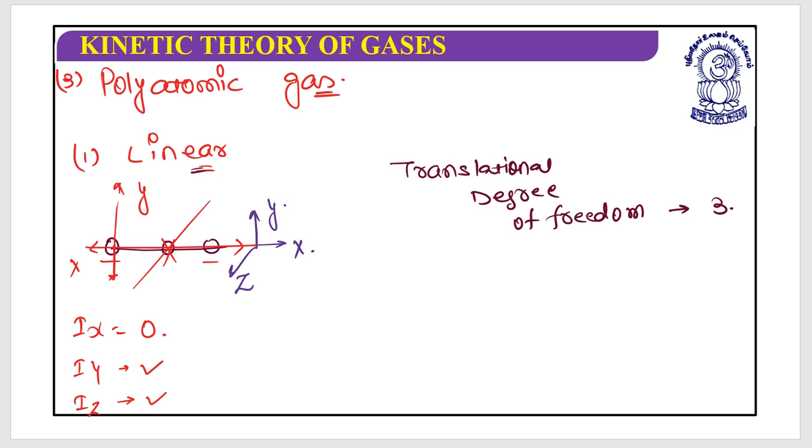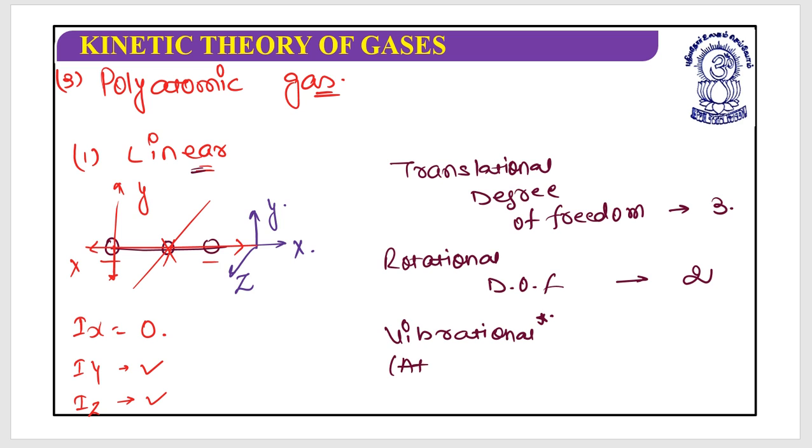So translational degree of freedom is 3. Next, rotational degree of freedom is 2. Vibrational, again with due conditions applied at higher temperature, it would be 2. So again, this will be 5 plus 2.